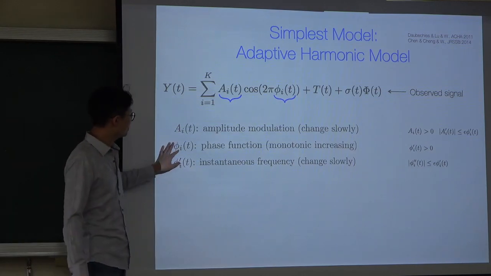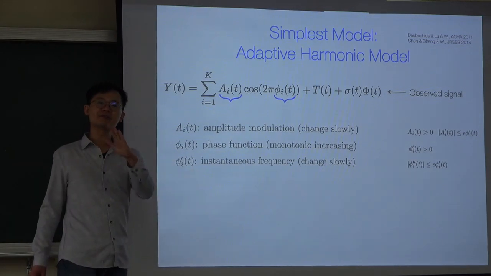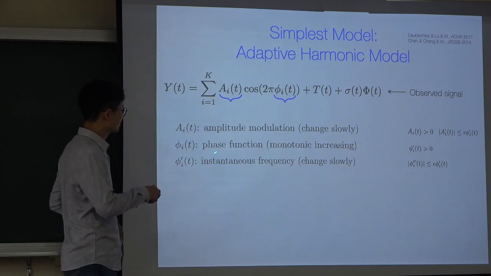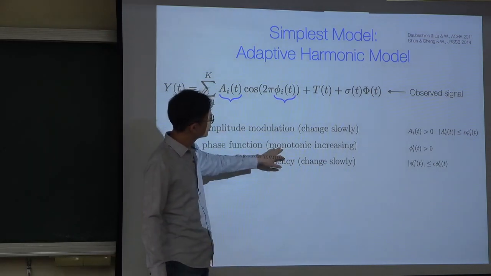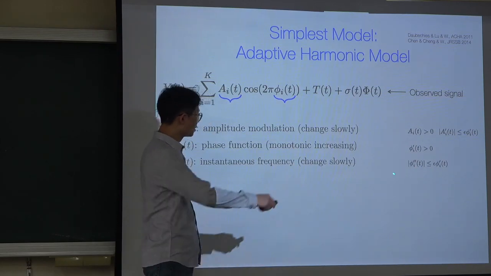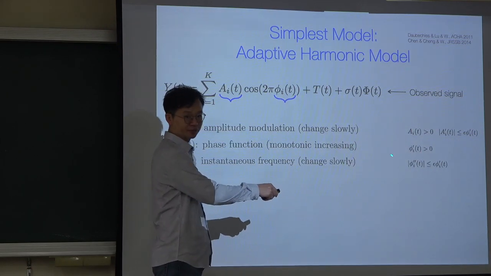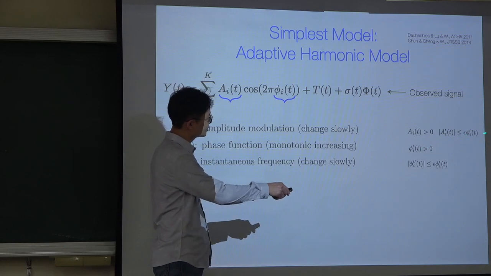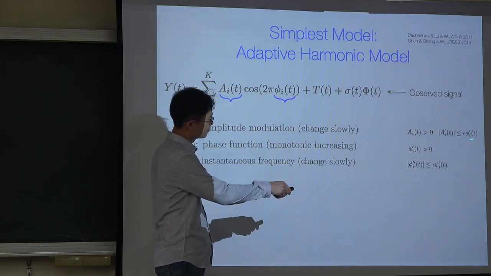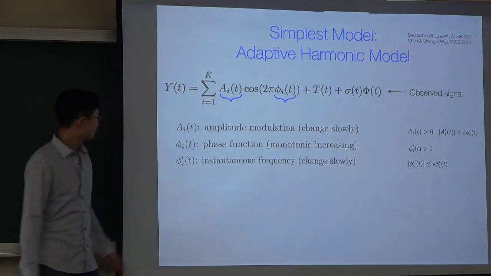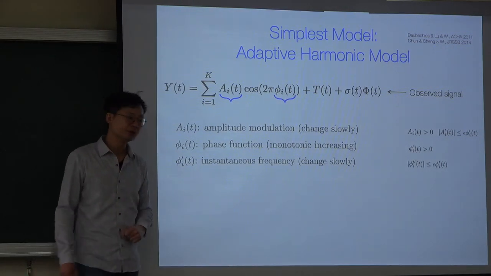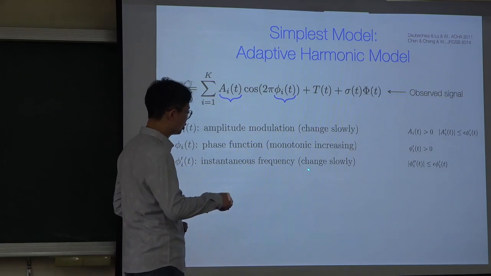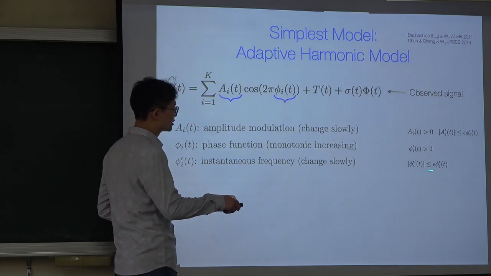And φ(t) is a monotonically increasing function, and that is called the phase. In this monotonically increasing function, we have a condition that its derivative is positive, so that we know we can control it. And this φ'(t) is called the instantaneous frequency, which we also assume will change slowly in the following sense.